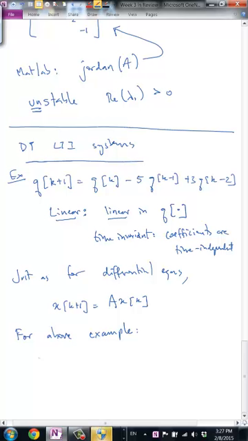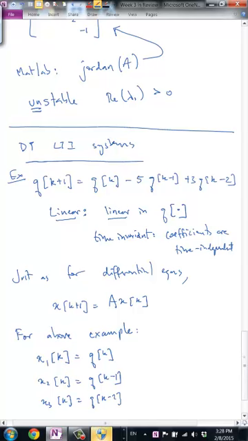say, x1 of k to be q of k, x2 of k to equal q of k minus 1, and x3 of k to equal q of k minus 2.